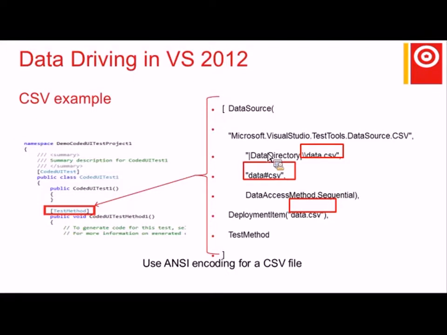And with the vertical bars around it like that, it relates to the deployment directory of the application. So this is the method we use for putting a CSV file as our data source, and we use very similar strings for data sources of other types.